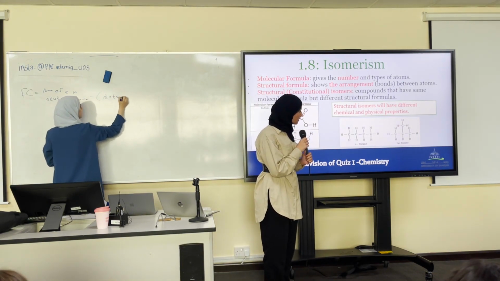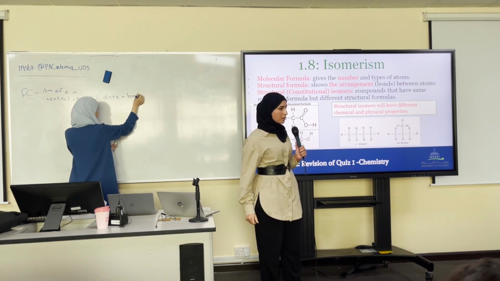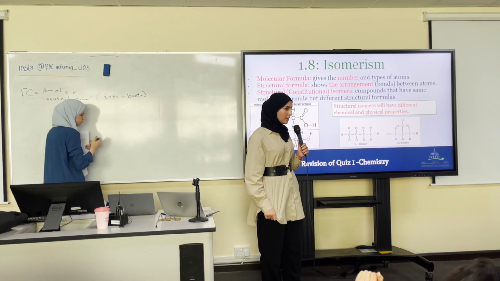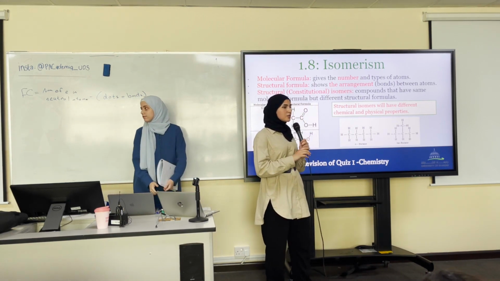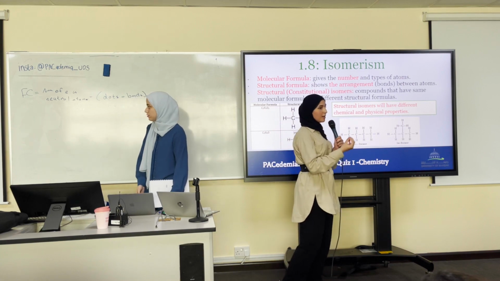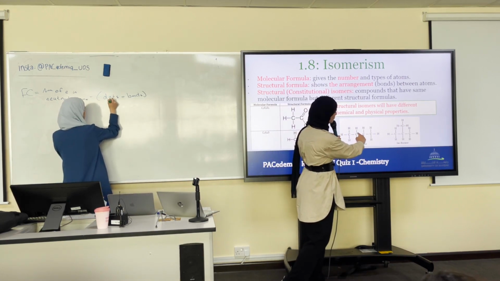How do I know which one is iso? This one is clear, but many times I can't recognize which one is iso and which one is normal butane. So what is normal butane? Normal butane is the original butane. So we have 1, 2, 3, 4.